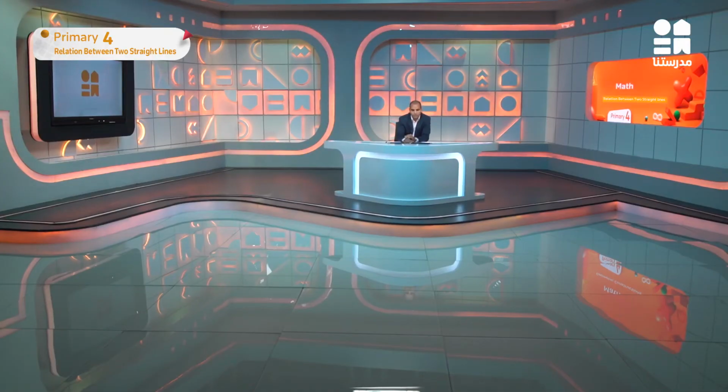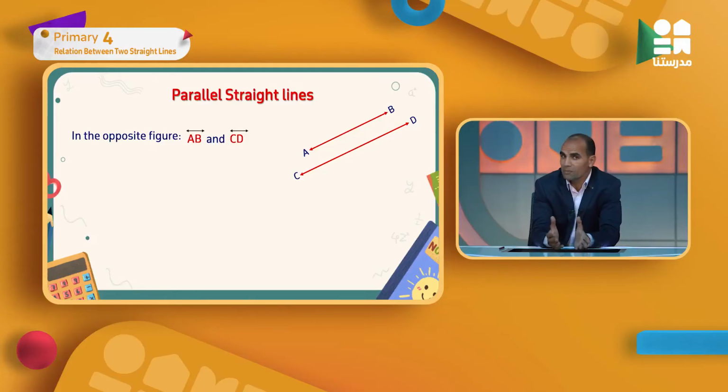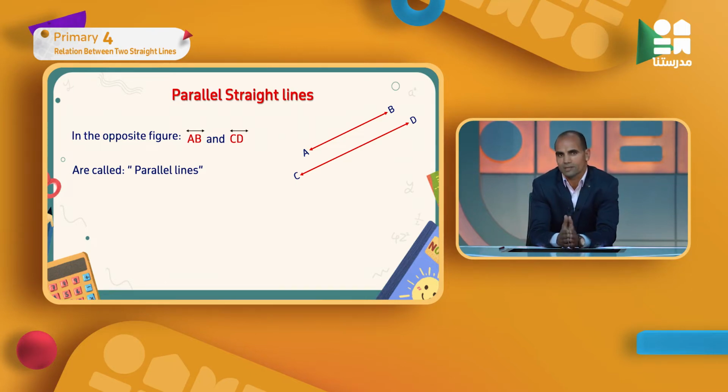Now, the parallel straight lines. What does it mean, parallel straight lines? The straight line AB and the straight line CD are called parallel lines. Parallel lines means that the two straight lines AB and CD never intersect.